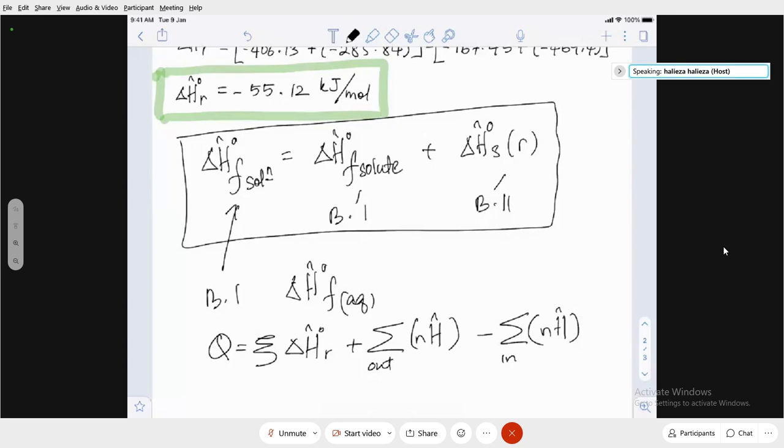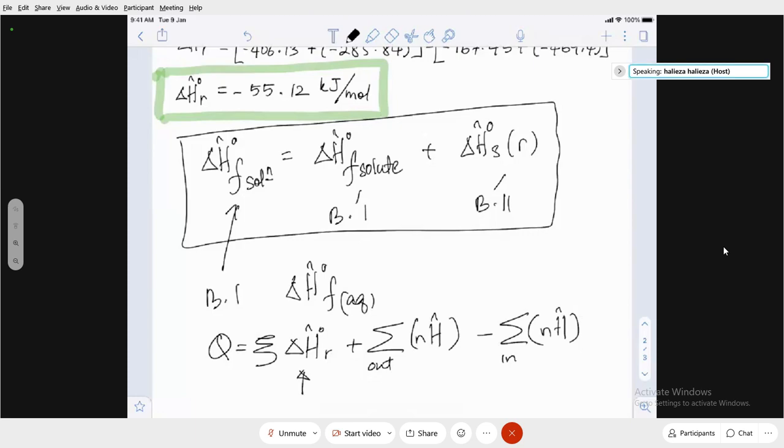So you need that information to solve for the amount of heat supplied or removed. That's one way of doing it. In fact, you can also calculate your enthalpy from the heat of formation.